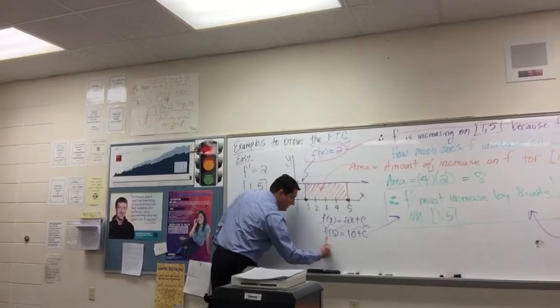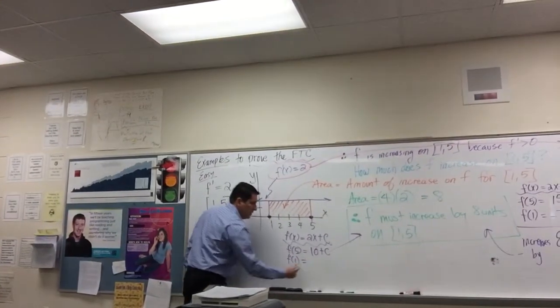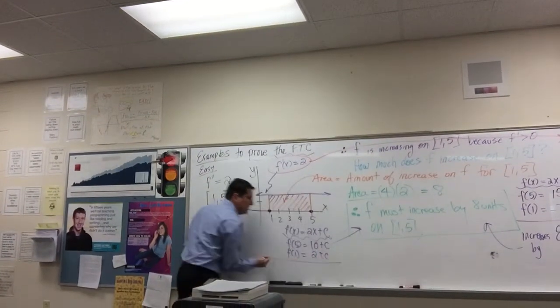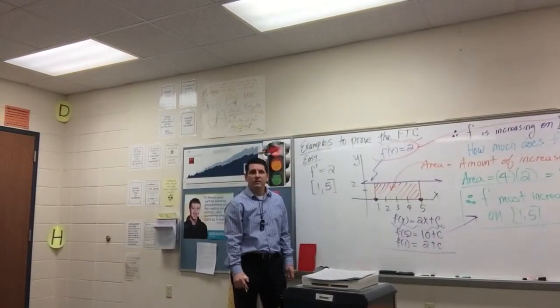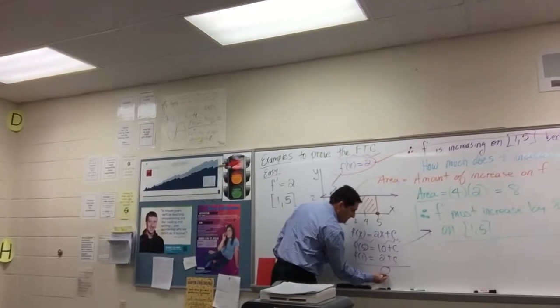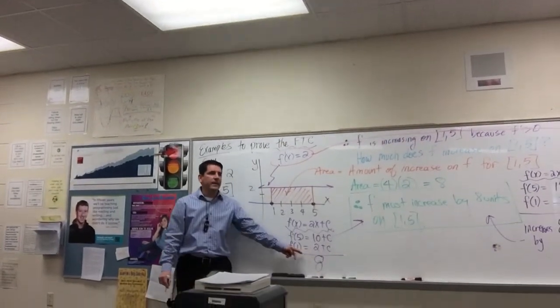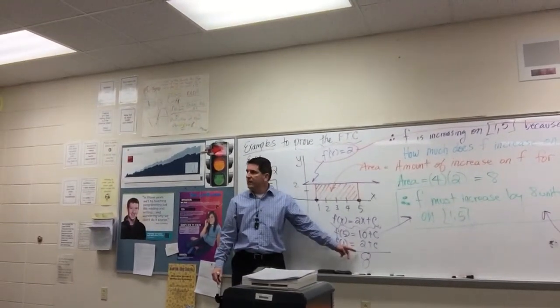What's f of 1? 2 plus c. Subtract: 8 all the time. This proves it in general that it doesn't matter what c value you pick, it's always going to subtract right off of itself and get the answer.